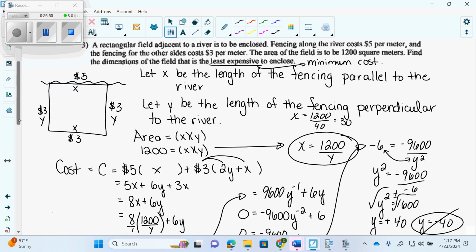Now let's find out what it wants. It wants to find the dimensions. And what are these dimensions in? What unit? Meters.